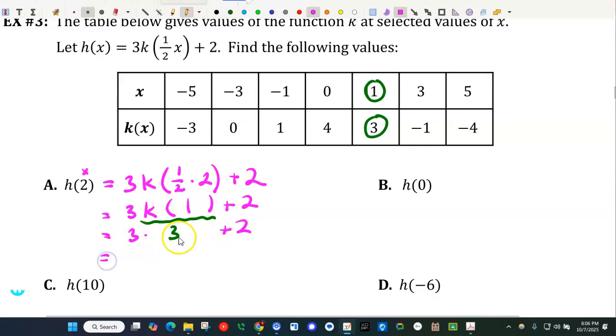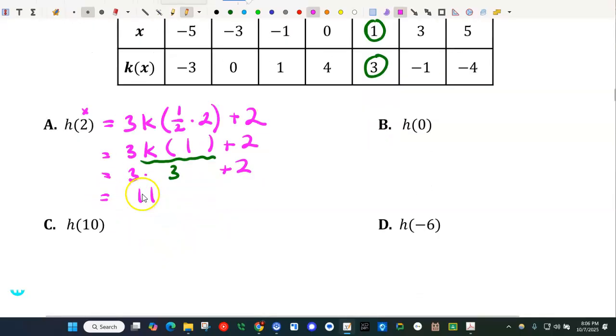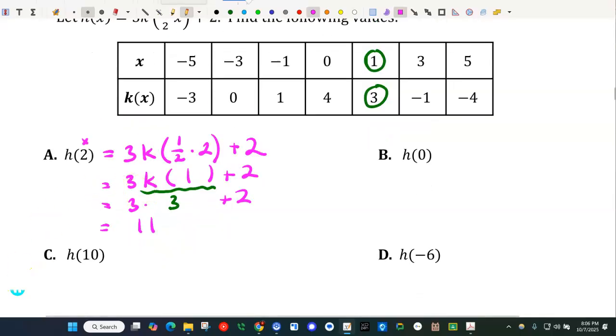So I have 3 times 3 plus 2, which is 11. So h of 2 equals 11. So if I was going to graph this, (2, 11) would be the coordinate where this particular point would live. All right, so try the rest of these, see how that works for you, and then check your answers in a moment. So go and pause and try the rest of these.